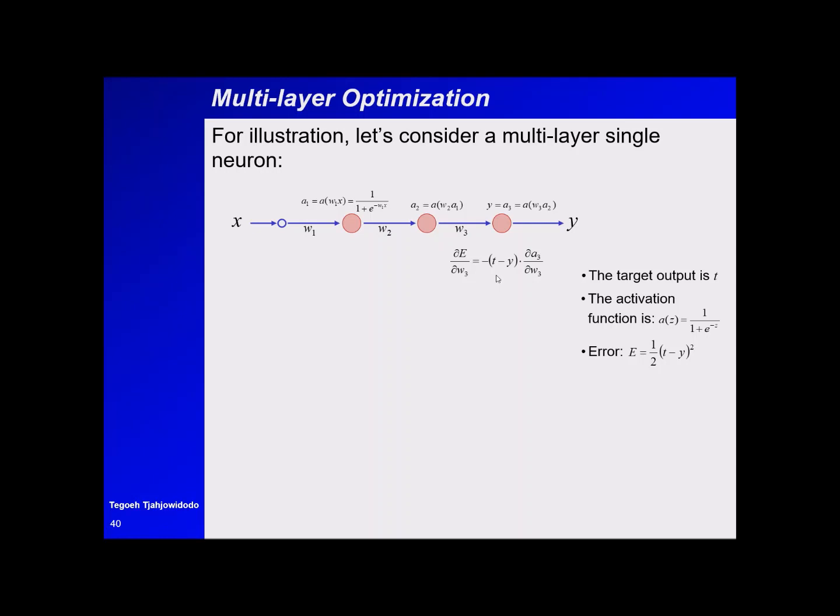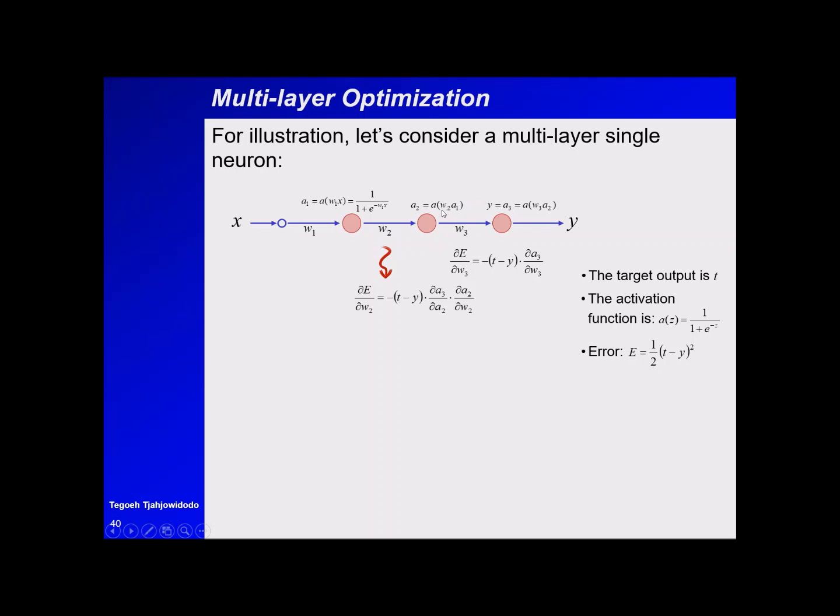But we still need to update W2 and W1 as well. So to update W2, again, we know that the error here appears as a function of A3, while A3 is a function of A2, right?